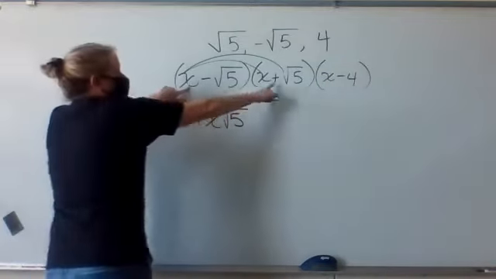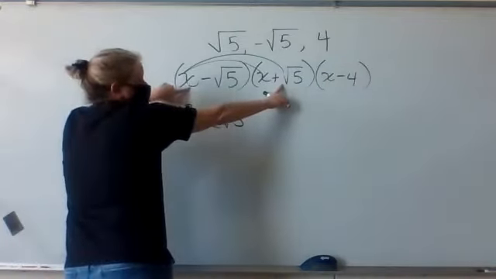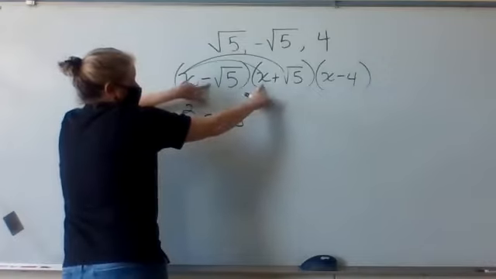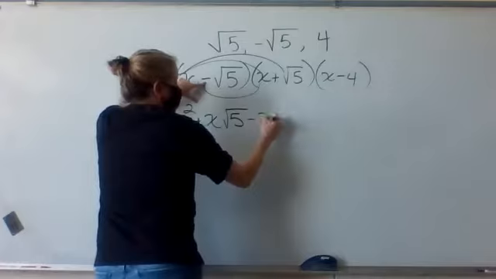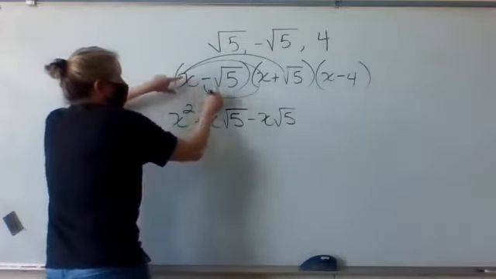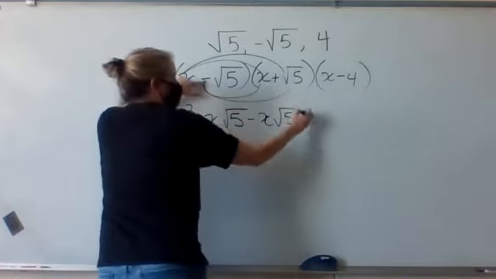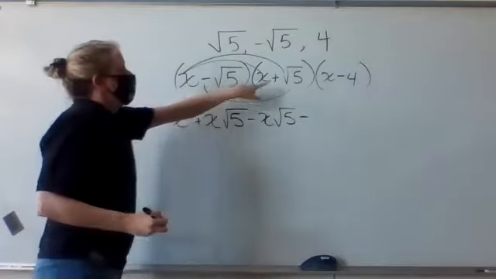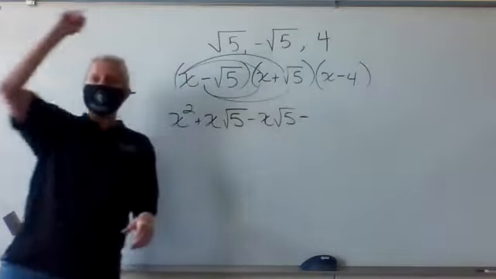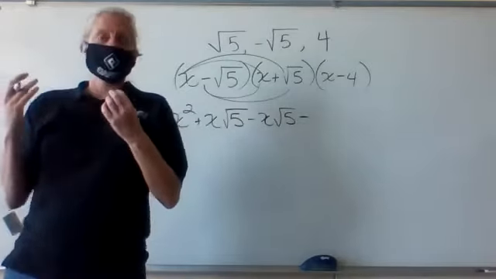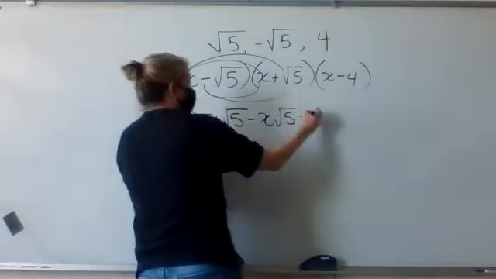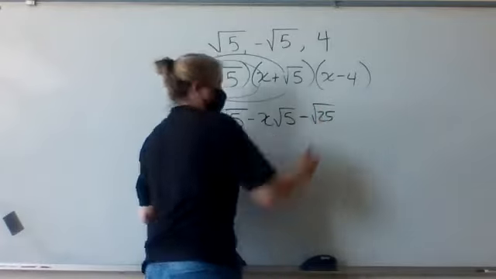It just hooks them together essentially. Same thing here, except this one's just going to be negative x square root of 5. And then your last, negative times positive, gives me negative. Now those 5s are both under your square root symbol, so you are going to multiply those 5s together. So what's that going to give me? Negative square root of 25.